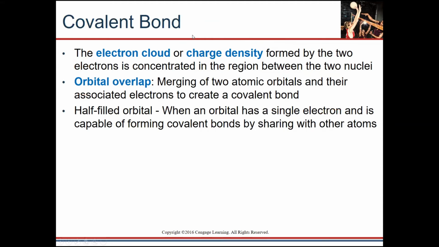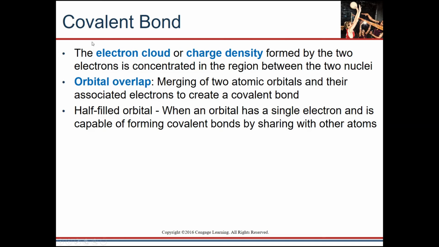Okay, so the thing about those sharing of electrons, what they really are, you're going to have an overlap between the electron density, or the charge density is what they call it. You just have these clouds of electrons circling the nucleus, and they're actually going to overlap with each other when electrons are being shared.